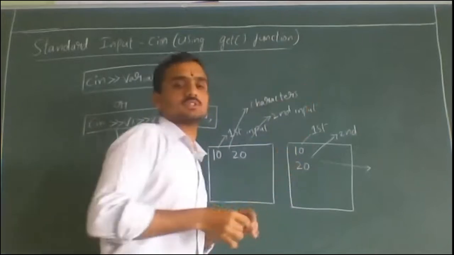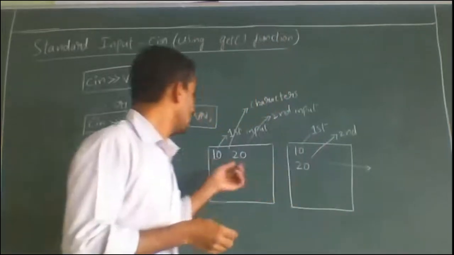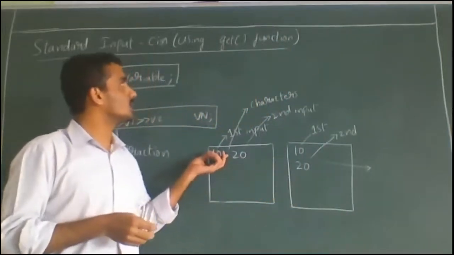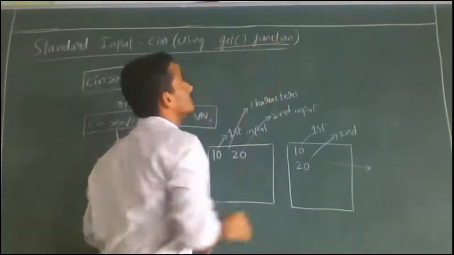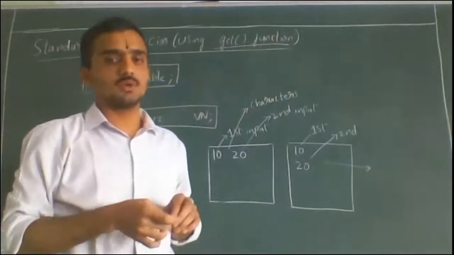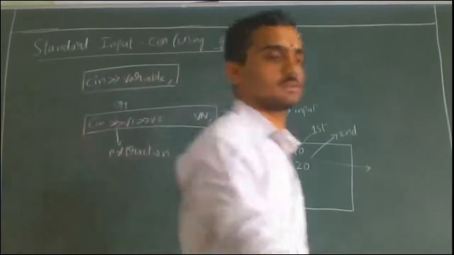Whatever is present on the keyboard, all are characters. So if I want to store blank space in computer memory, then we need to make use of the get function, which is present in C++. By using the get function, we can store the blank space in the computer memory. So that we will discuss now.